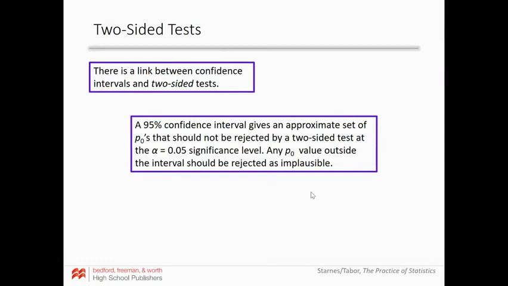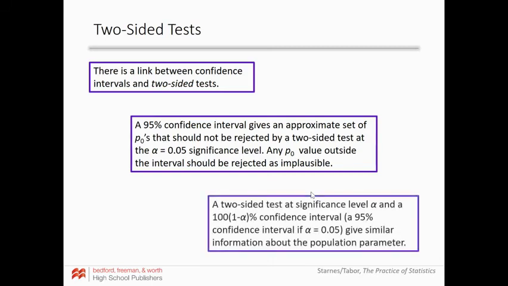A 95% interval gives an appropriate set of p naughts that should not be rejected by a two-sided test at the alpha level of 0.05. So a two-sided test at significance level alpha and a 100 times 1 minus alpha percent confidence interval. So basically a 95% confidence interval if alpha is 0.05.